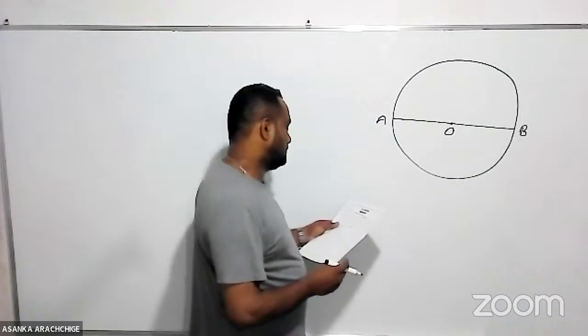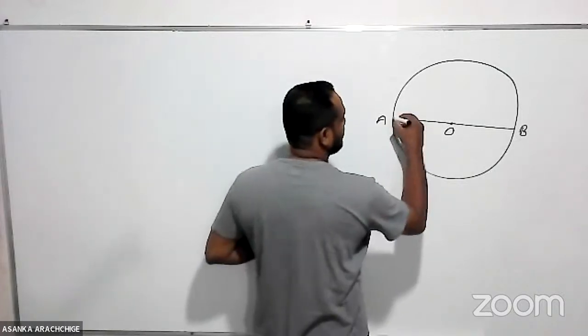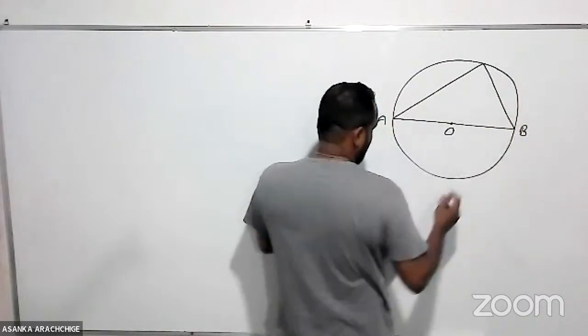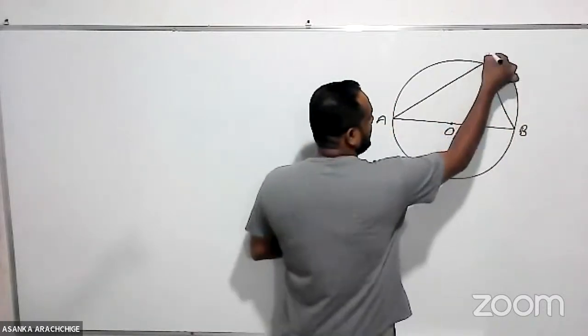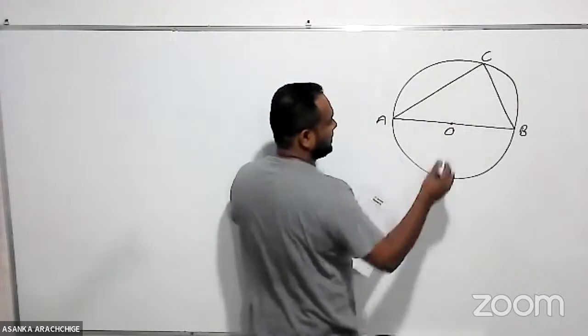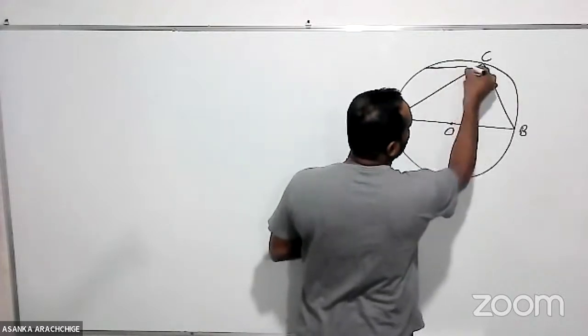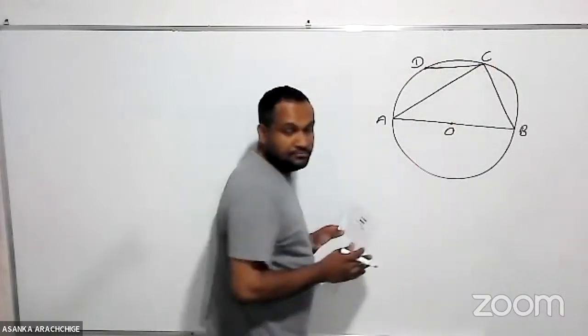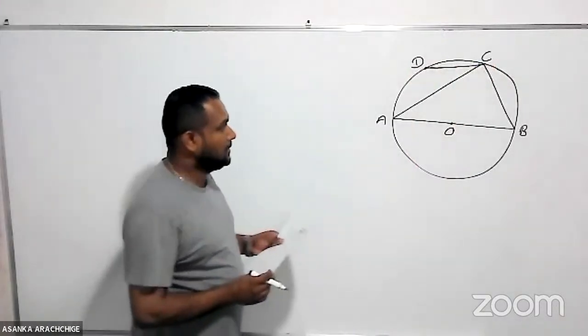Here you can see C is on the circle, so is B. C and D are 2 points on the circle.